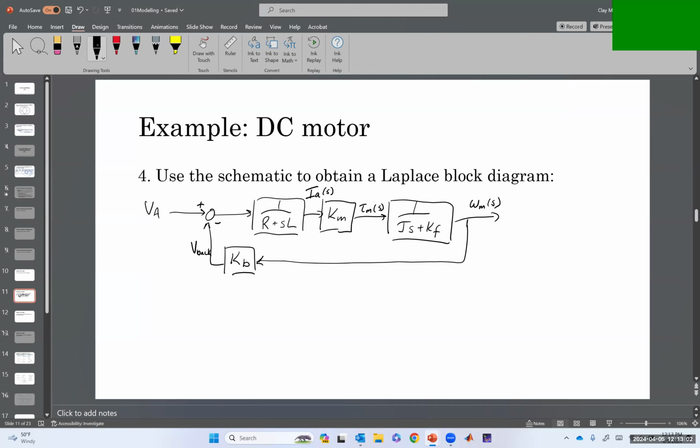If we were actually interested in the position of the shaft rather than its velocity, would we have to start over? No. What can we do to this block diagram to make the position the output rather than the speed? Integrate.